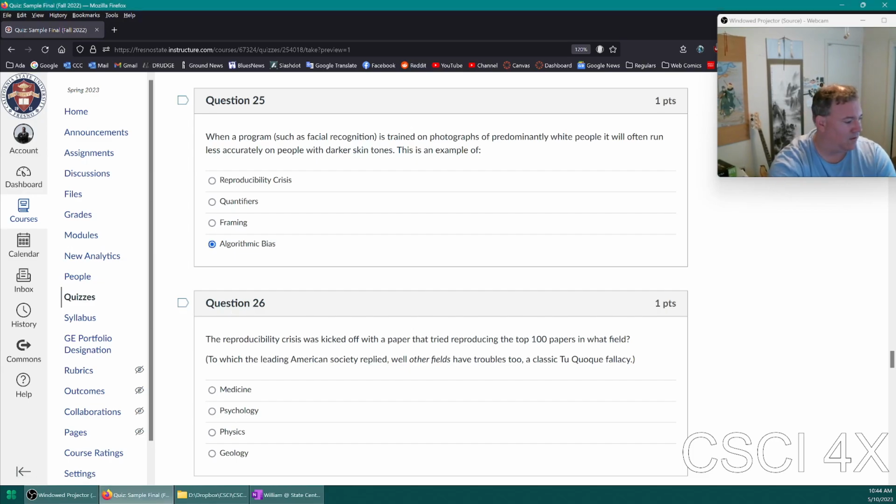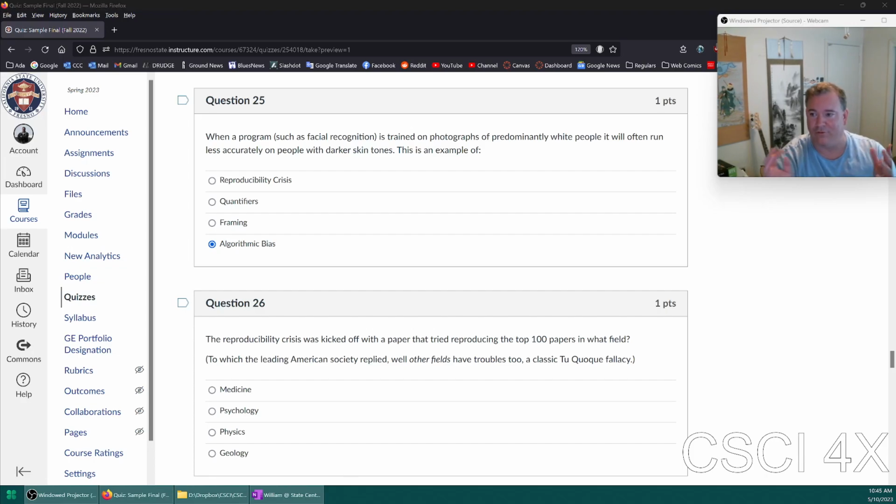So, even though computers are sort of value neutral, they're just processing symbols. They don't know anything. If the people who write the program don't think things through, they can deliberately or unintentionally create bias.